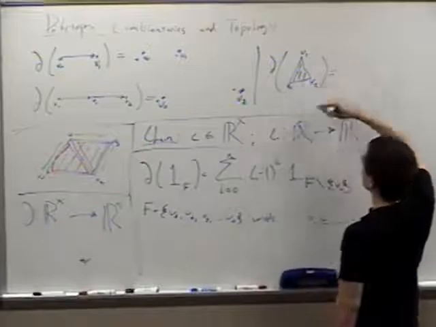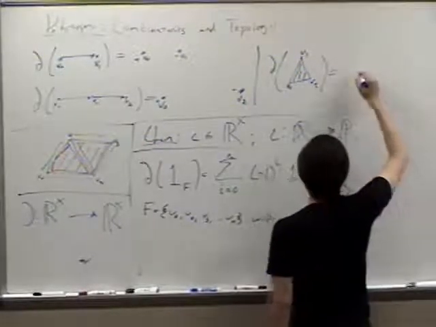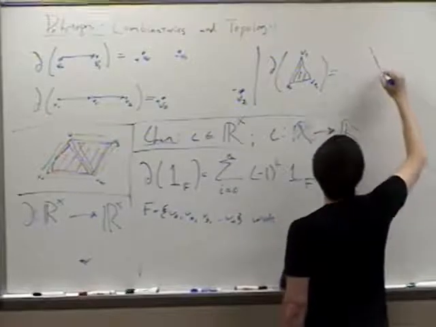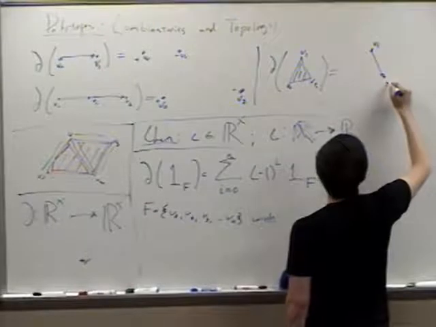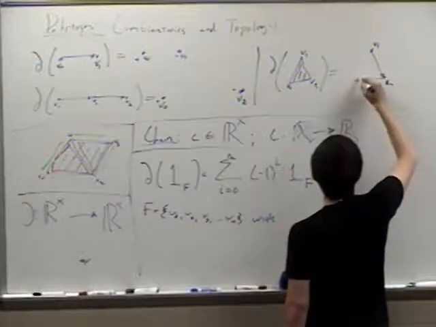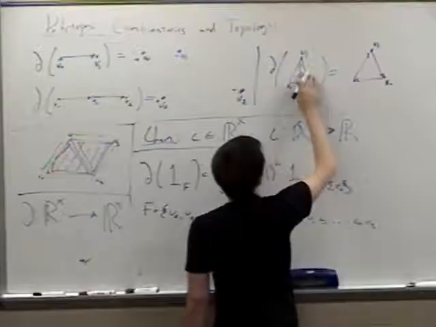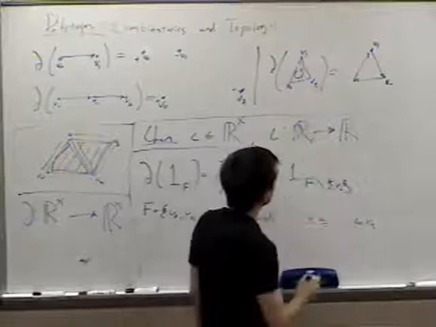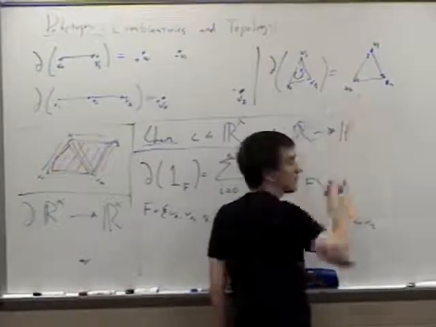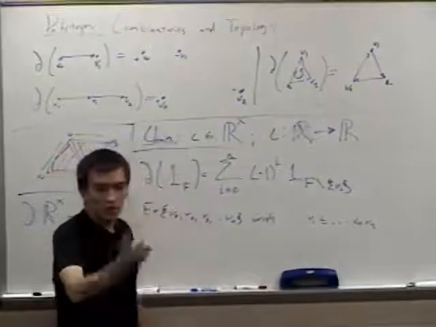I have to go through and figure out what happens as I delete each vertex. So I should get basically an edge oriented here for v1 to v2, an edge oriented this way, and an edge oriented this way. One way that you can often draw triangles in this framework of simplicial complexes, or when you're talking about chains, is to draw a little spin on the triangle, so you have some orientation to it.